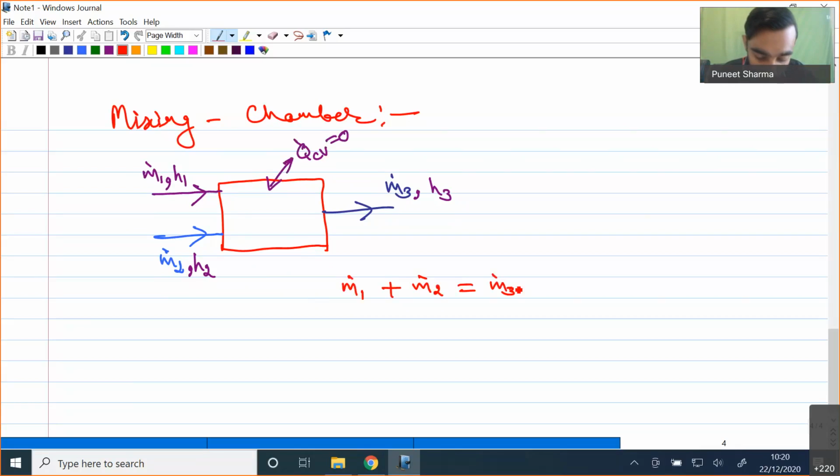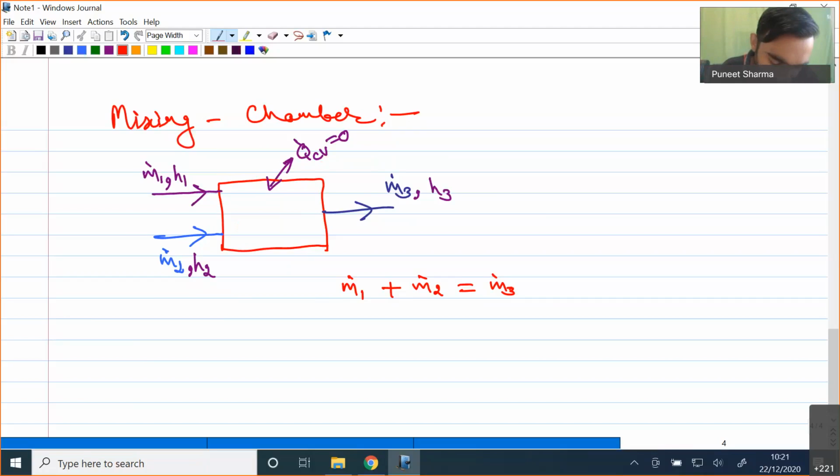Then, if I apply the energy equation, I am considering this process to be completely adiabatic, so Q control volume is equal to 0. We do not have any work in this process, and I am considering that changes in kinetic and potential energies are also negligible.